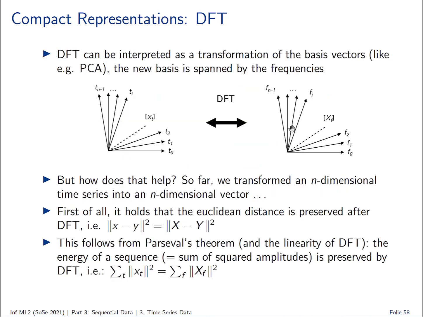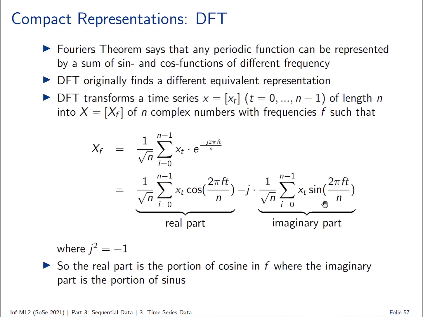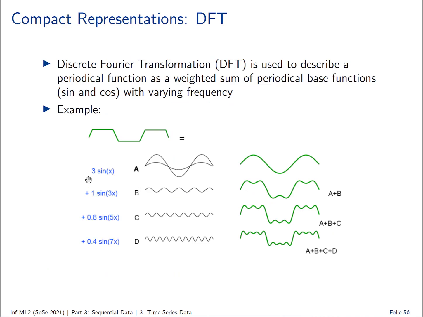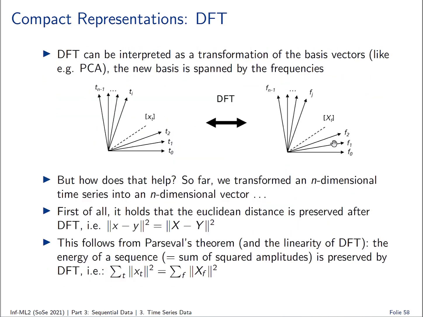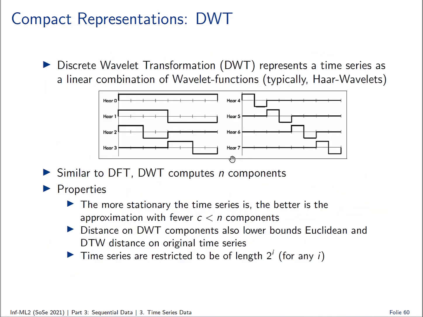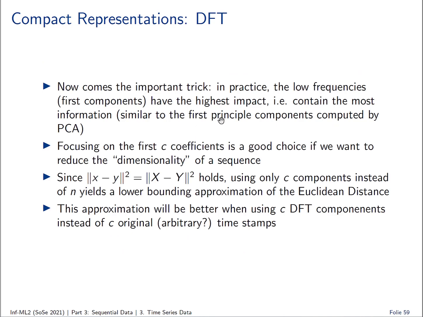Sounds a little bit like eigenvalues and eigenvectors, and that's exactly what it is, but now in terms of frequencies, because the frequencies somehow represent these cosine and sine specific things, like those ones here. So the first frequencies are the most important parts of the representation. It contains the most information, very similar to the first principal components if you compute PCA.